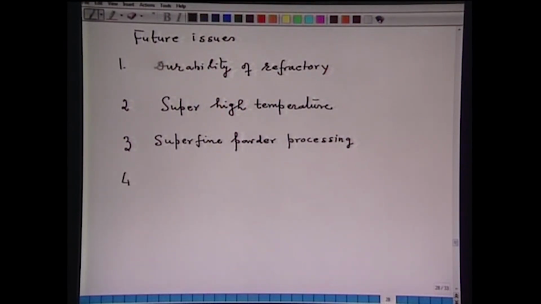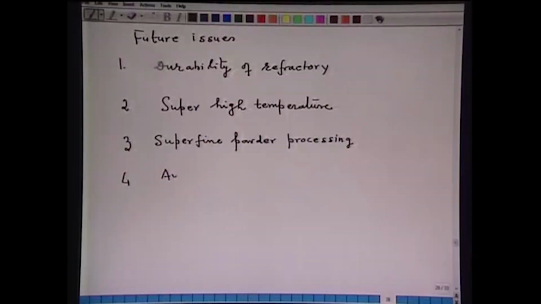Fourth, that is important, the development of monolithic refractory in steel making or in refining furnaces requires automation of bricklaying and intelligent repair.